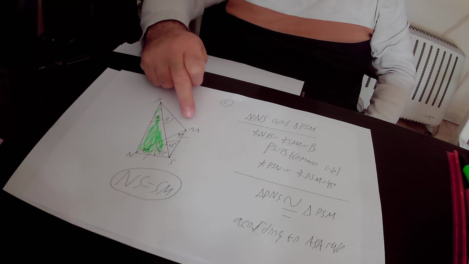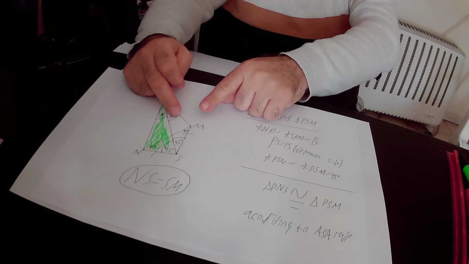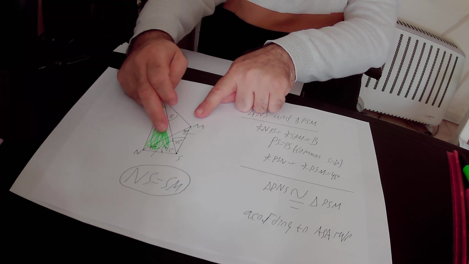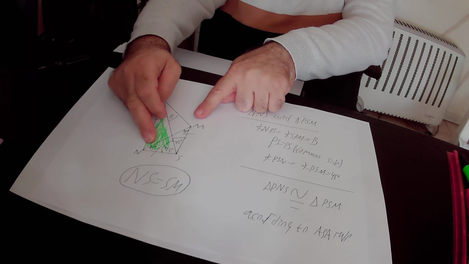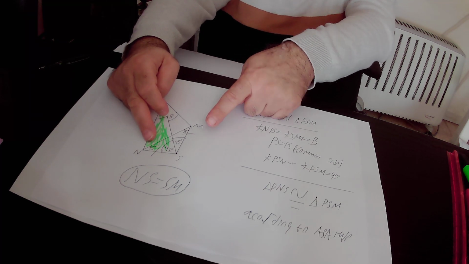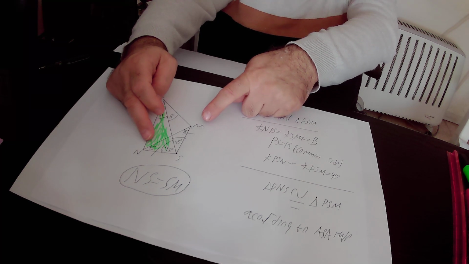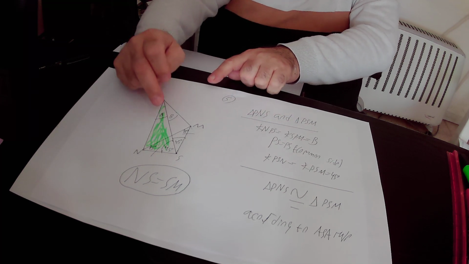We join points M and N together by a straight line. This is a right angle, so those two angles must be equal to 90 degrees. And those two angles must also be equal to each other because MS equals SN, and in front of equal sides in the triangle there are equal angles.